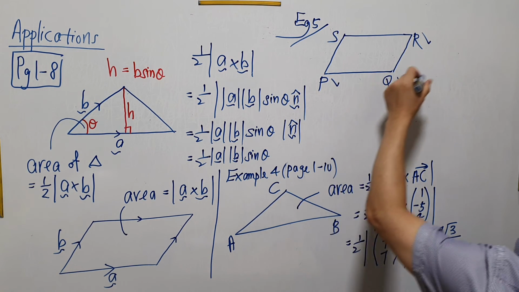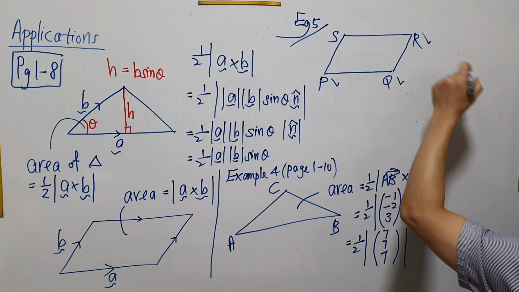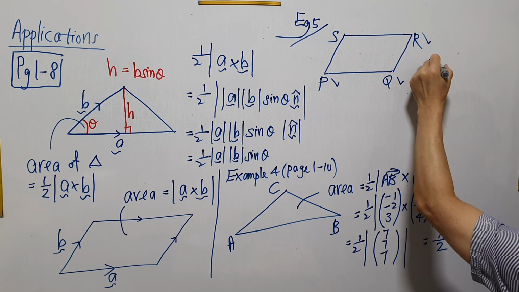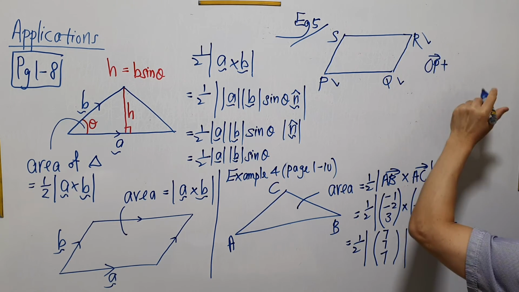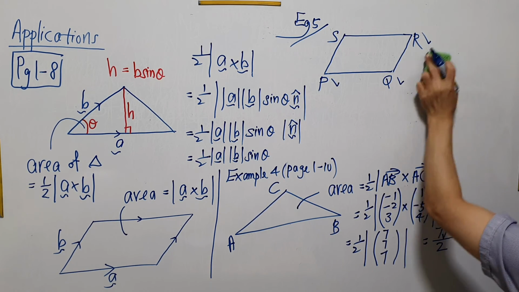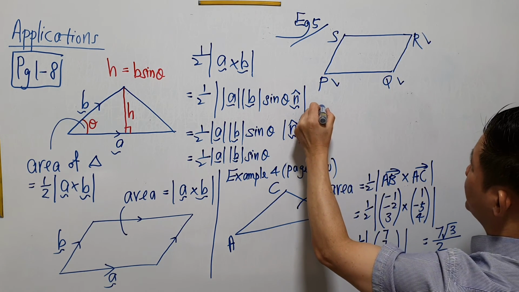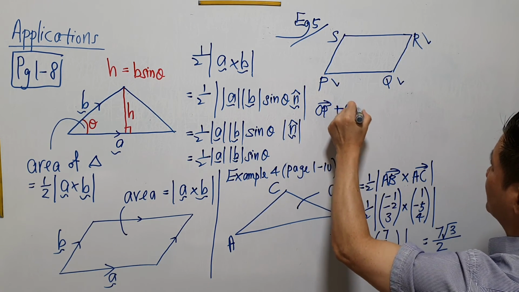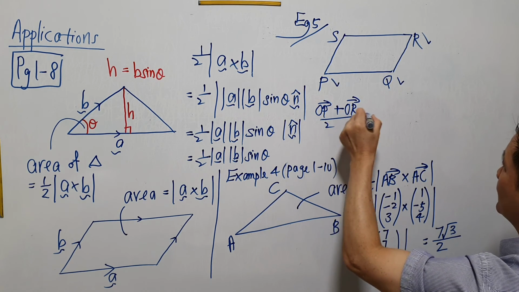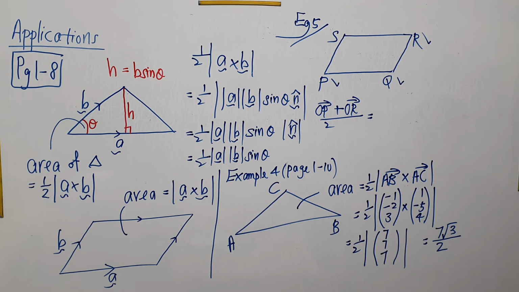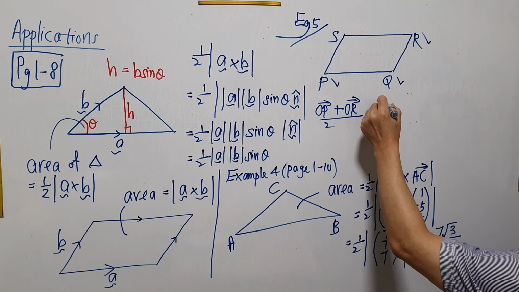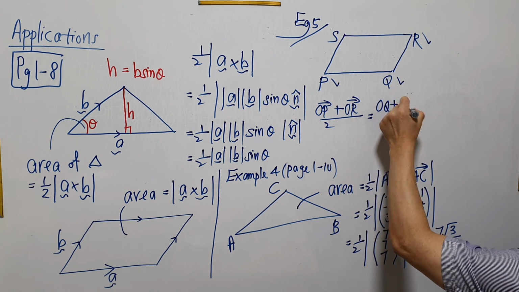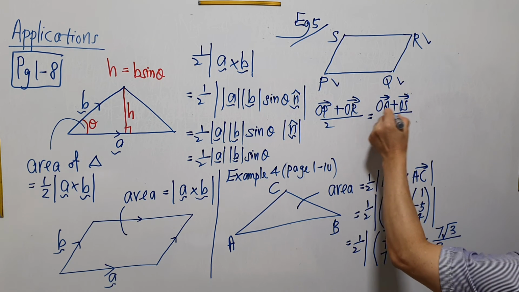The midpoint of PR would be OP plus OR divided by 2. And the midpoint of QS is OQ plus OS divided by 2.